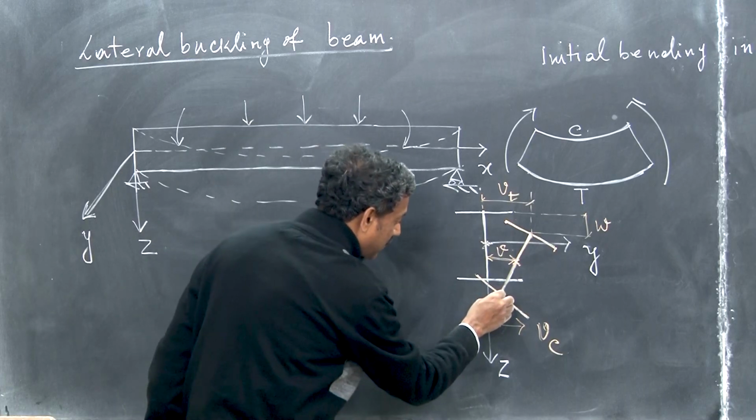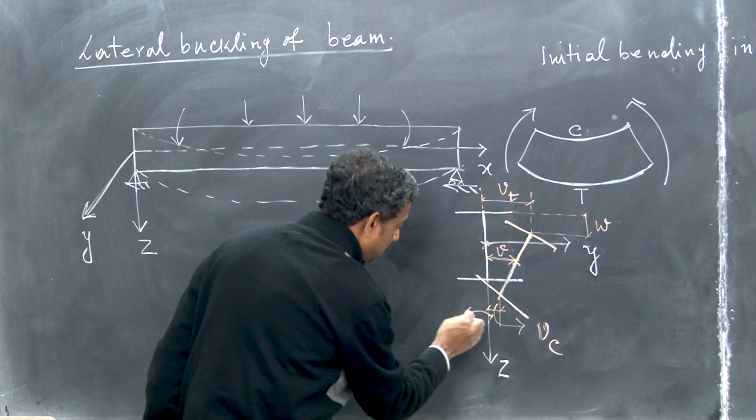So you understand why this twist is happening. This angle we define as beta.